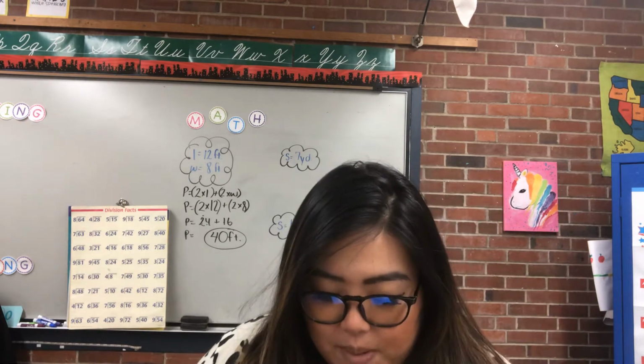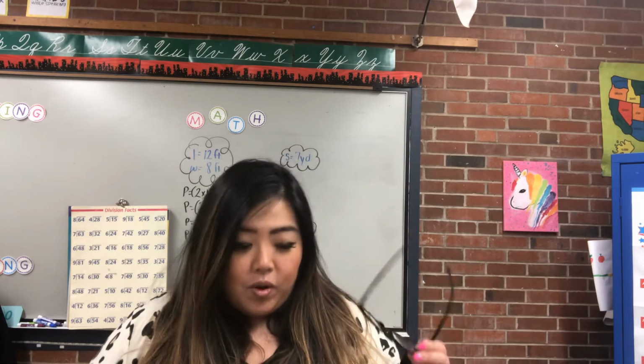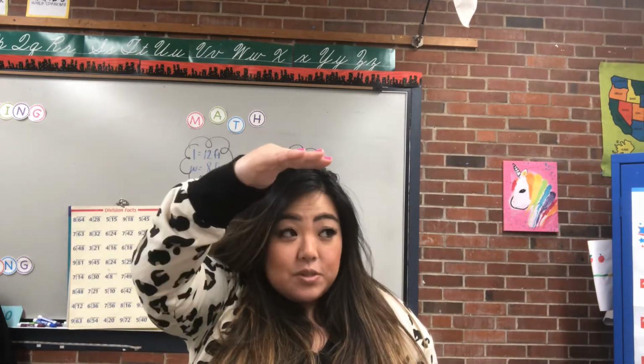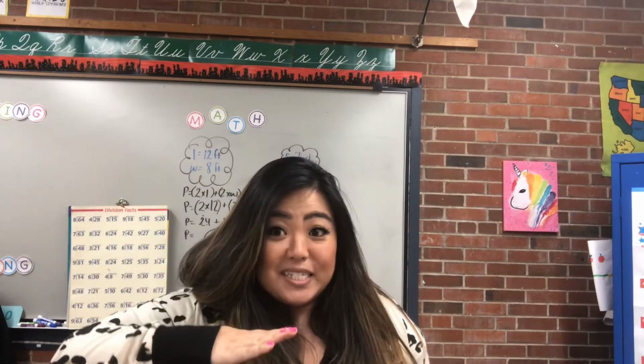Today we're going to learn about something even easier, and this is the perimeter of a square. Now, what do we know about a square? We know that all sides are equal and there are 4 sides. And that's what makes it a square, because all 4 sides are equal. So, let's say I have a square and this side is 3 inches, and this side is 3 inches, and this side is 3 inches, and this side is 3 inches.